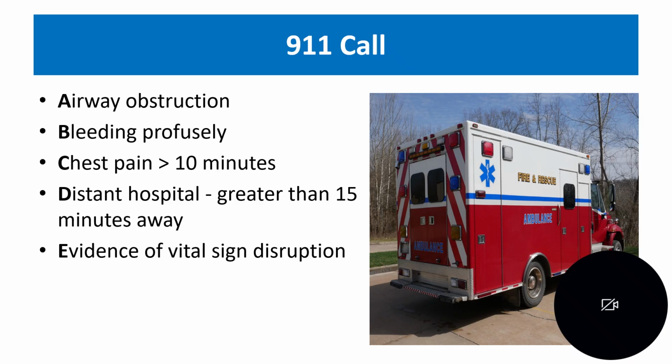C is for chest pain that is lasting more than 10 minutes. D is the distance between you and the hospital. If it is greater than 15 minutes away, the ambulance is likely to get here fast and take you there to save your life. And E would be evidence of disruption of your vital signs.